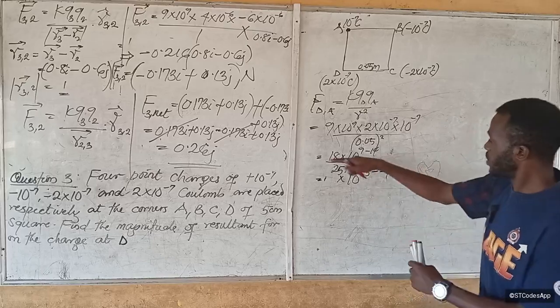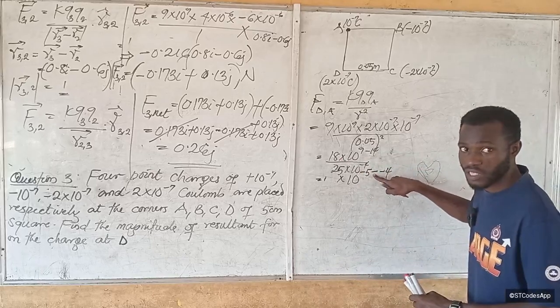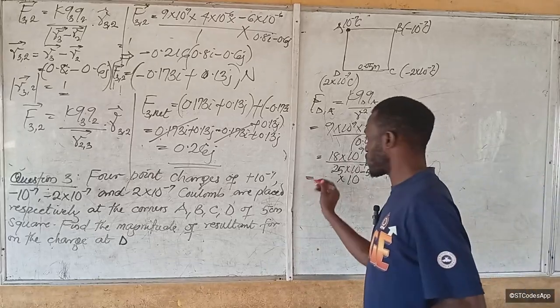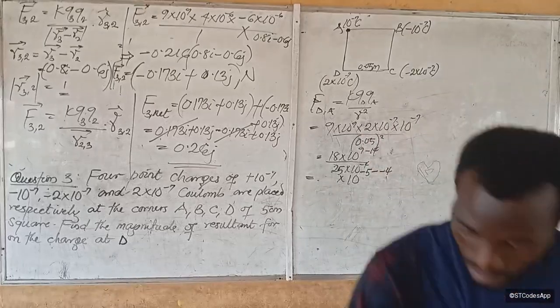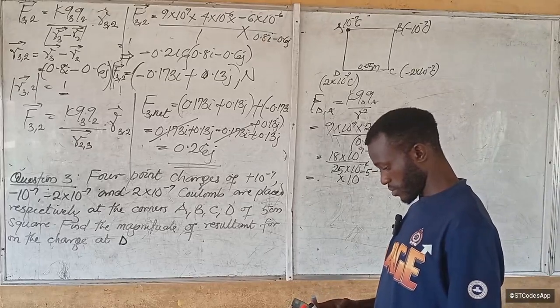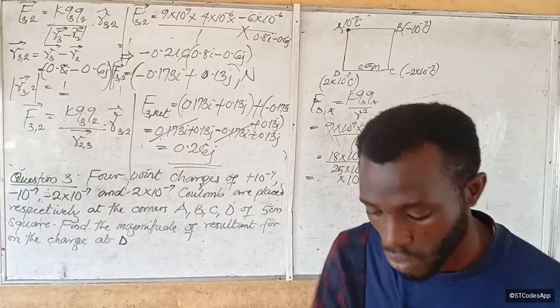I hope this is clear. Division means subtraction of powers, so minus 5 minus minus 4. So 18 divided by 25, what does that give us? 0.72.